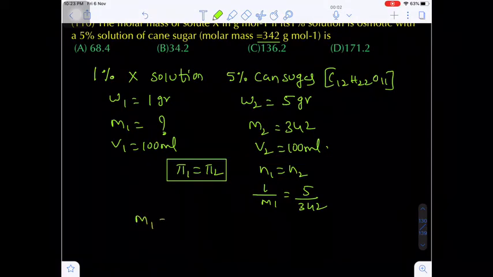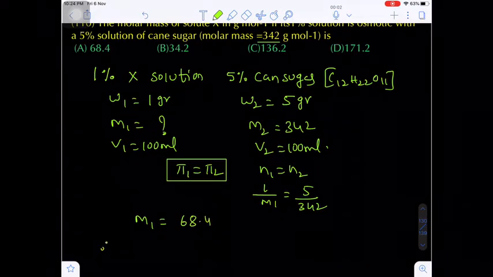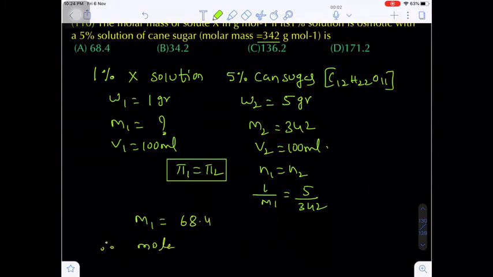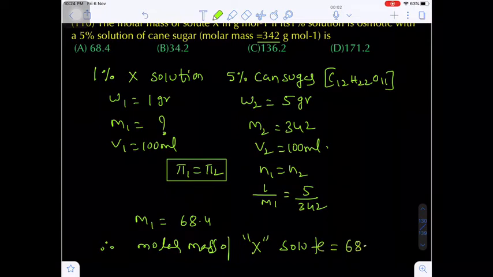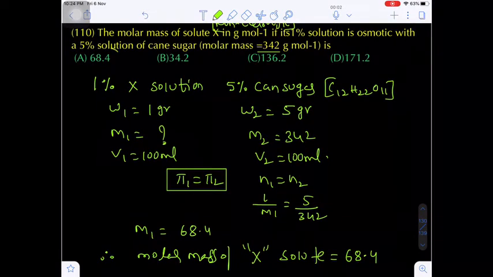From here the molar mass of X solute will be equal to 68.4. Therefore the molar mass of X solute equals 68.4.